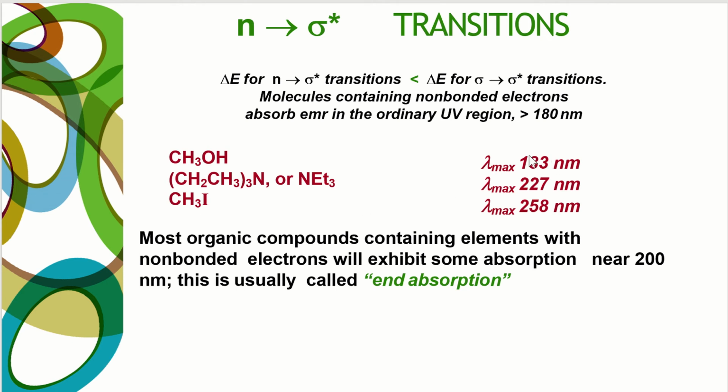And these are the lambda max for these compounds. So as we can see, all being greater than 180 nanometers. So most organic compounds containing elements with non-bonded electrons will exhibit some absorption near 200 nanometers. This is usually called end absorption.